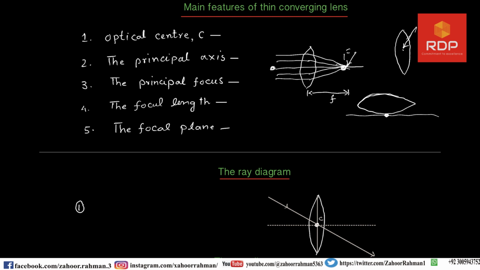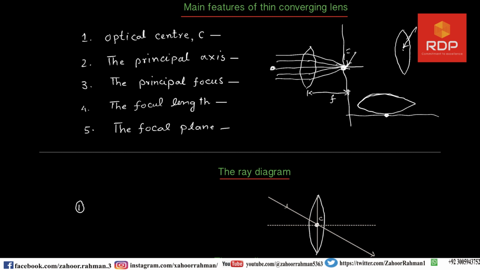Now the next very important term is the focal plane. This is the plane which passes through F and P. This is F and this is P. So if this is a line which is passing these two points F and P, then this is called what?